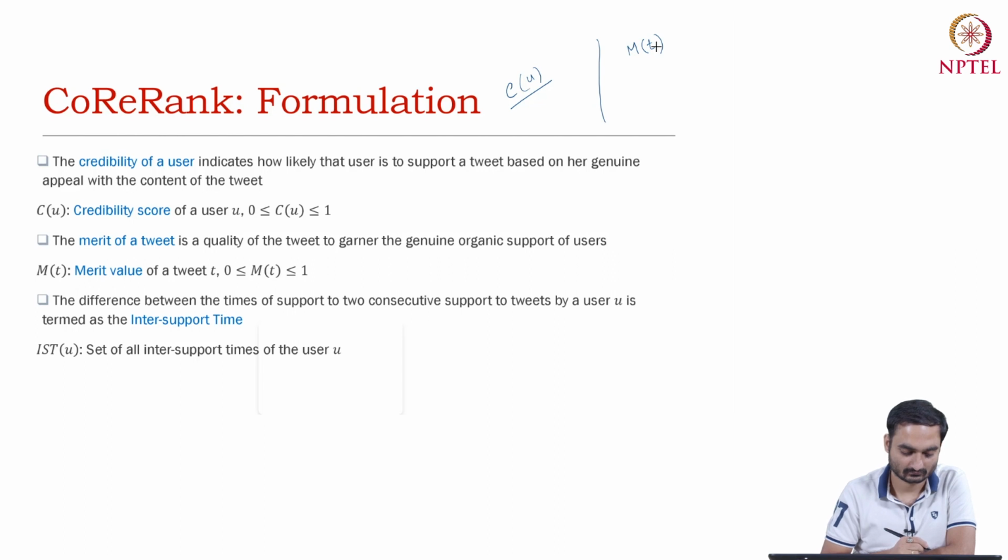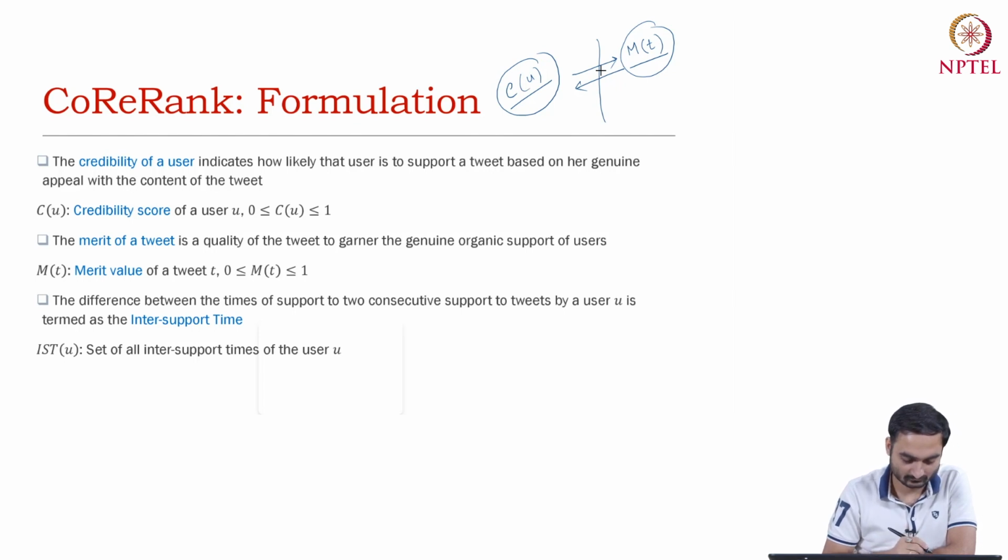We also propose something called the merit of a tweet. How we quantify merit, we will discuss. Similarly, the merit of a tweet is determined by the number of credible users who have retweeted or quoted the tweet. So you see that credibility and merit are interlinked. We will see how to compute credibility and merit.